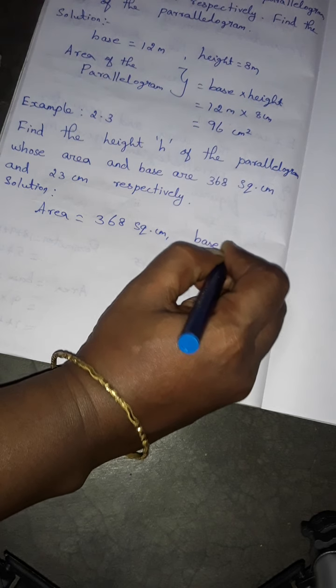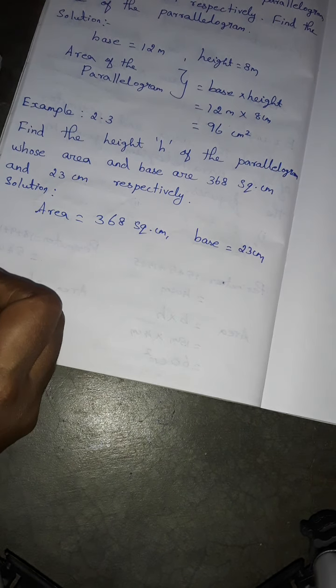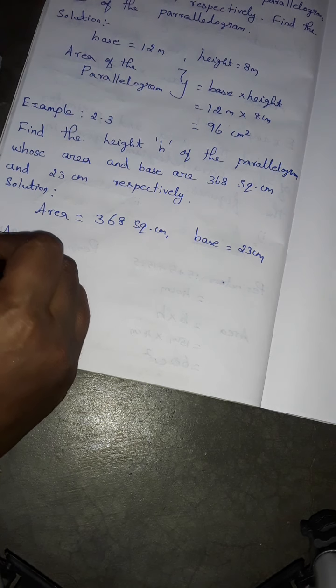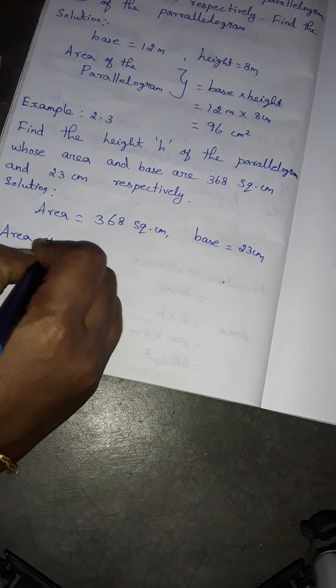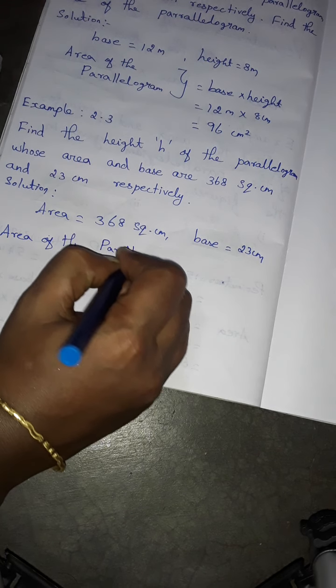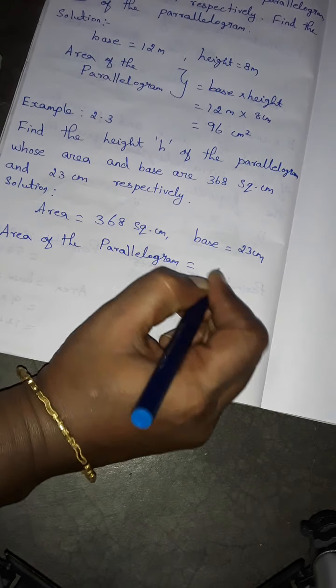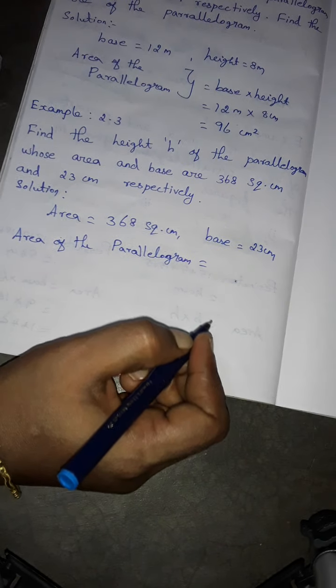Base is equal to 23 centimeter. So what is our area of the parallelogram formula? You know that. Yes, here they have given only the area of the parallelogram and base. So what is not given? They have not given the height.